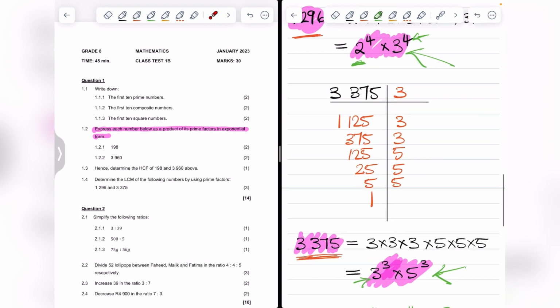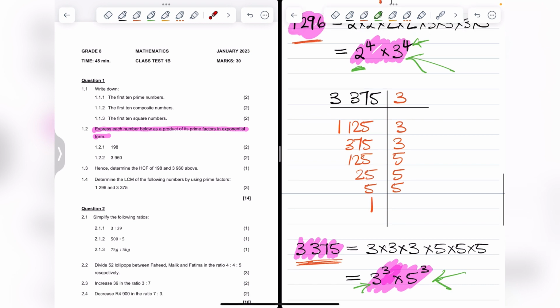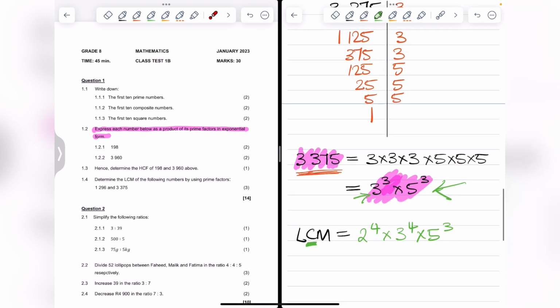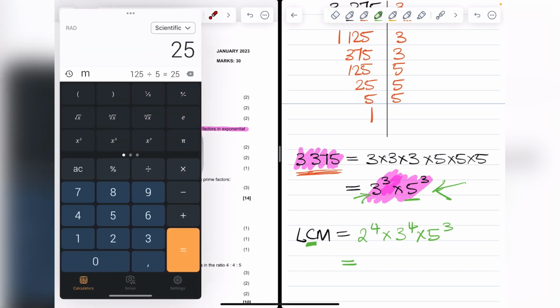Okay, so I've got 2 to the power 4, I've got 3 to the power 4, which is the highest of the 3's, and I've got the 5 to the power 3, which is representing the factor of 5. So again, our LCM is not just a product, it is a number. So of course I need to multiply that out.